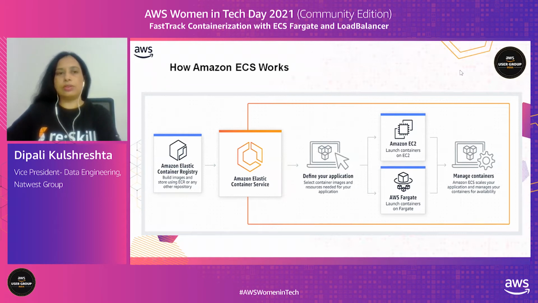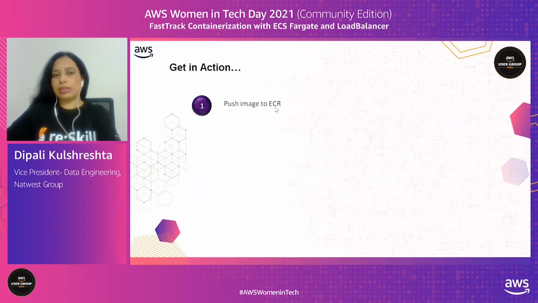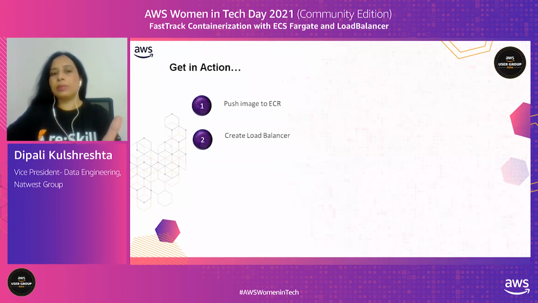All right, so now let's get in action. First of all, we need to create and push images to the ECR repository, and then we will create a load balancer. Because load balancer is something which sits outside the ECS cluster, we will create a load balancer, and then we will create the ECS cluster.